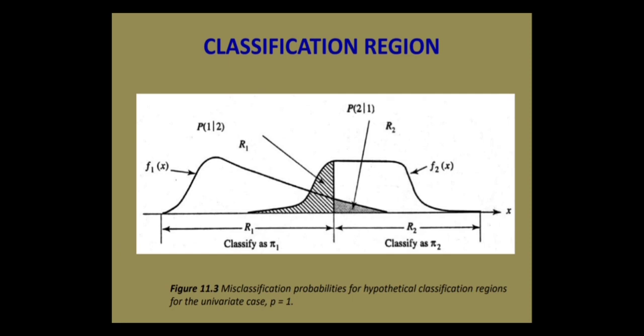So from here kita boleh tengok dia ada misclassification probability. So apa yang kita nak, daripada conditional probability tadi, we can specify also the misclassification probability, but the exact value kita boleh gunakan formula.